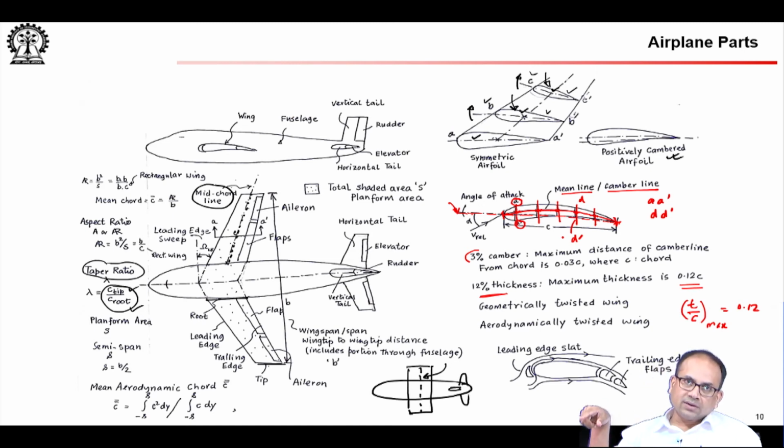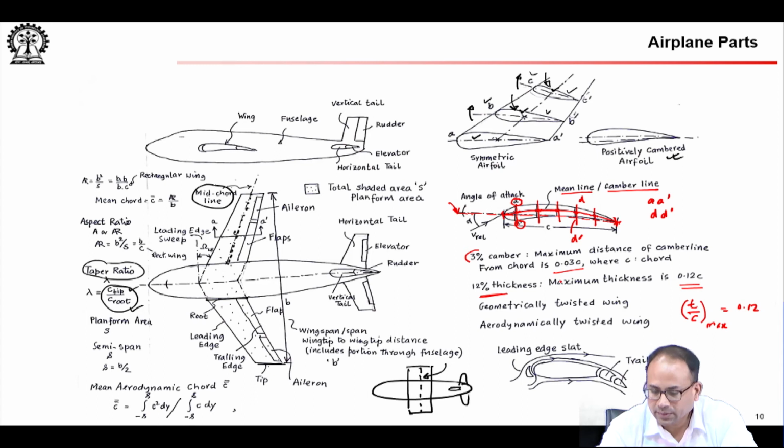Similarly, the end of the chord line coincides with the camber line, but the distance between the camber line and the chord line changes as you move from the leading edge to the trailing edge of the airfoil. So, a 3% camber, for example, would mean that the maximum distance of camber line from chord is 0.03 C, okay, where C is the chord.